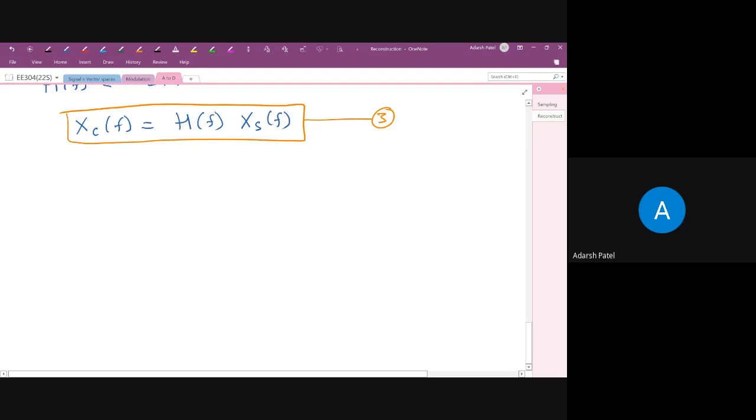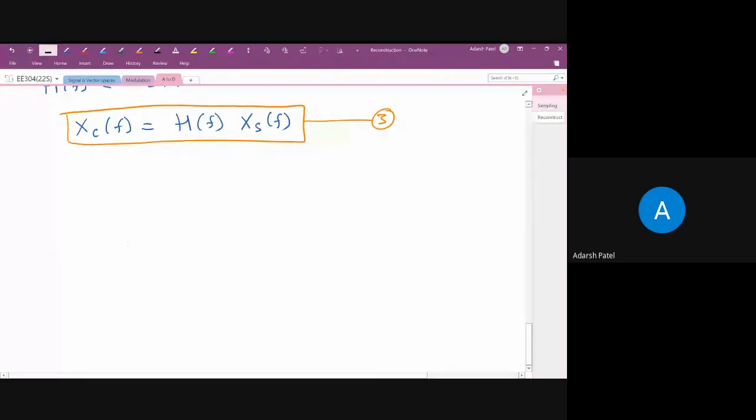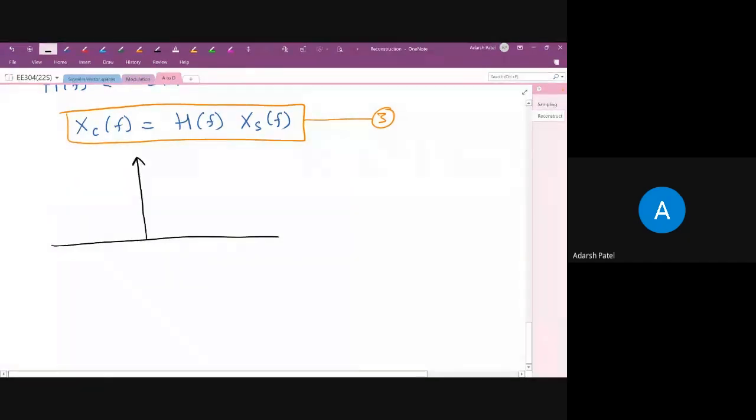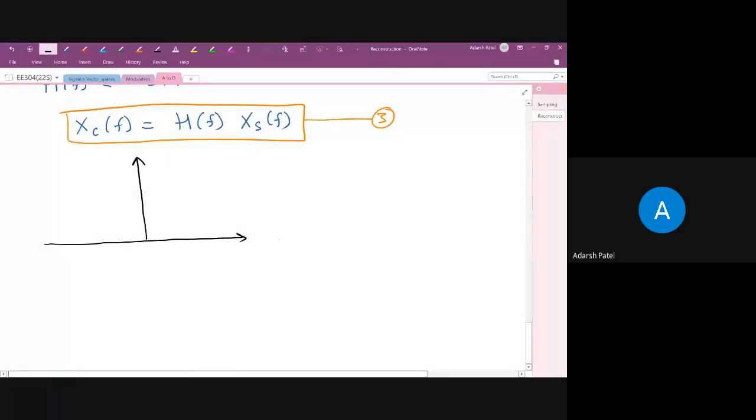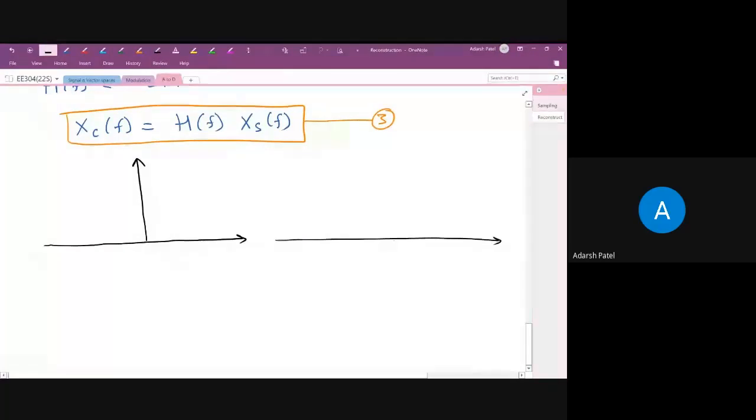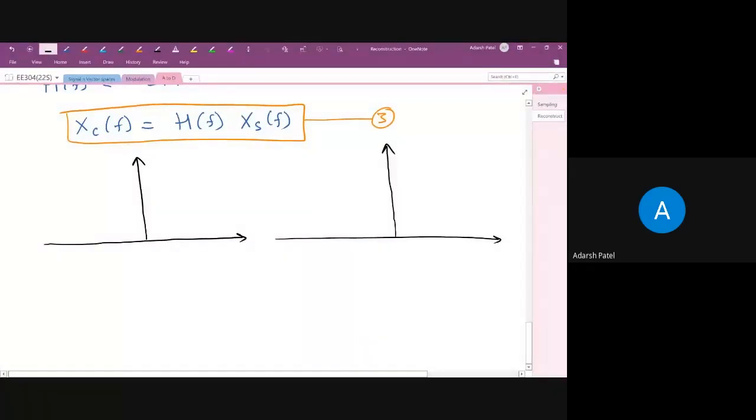Before I go ahead, we have to revisit the inverse Fourier transform of this rectangular function. Do people recollect?